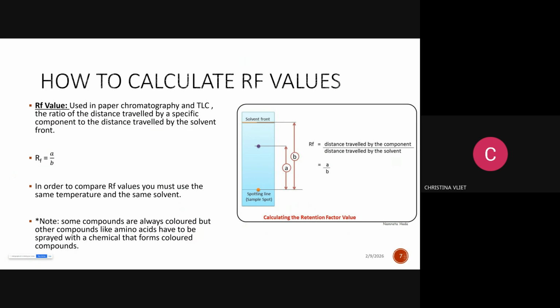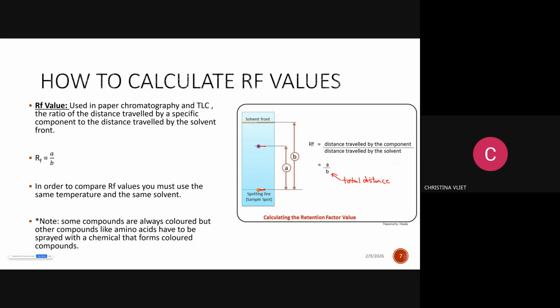All right, so the next thing you need to be aware of is something called an Rf value. And this is a mathematical value that tells you the distance traveled by whatever spot you're looking to identify over the total distance traveled by the solvent. So B right here is the total distance from start to finish of your solvent.